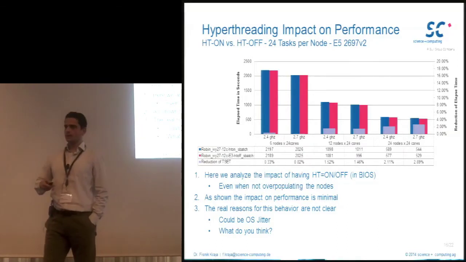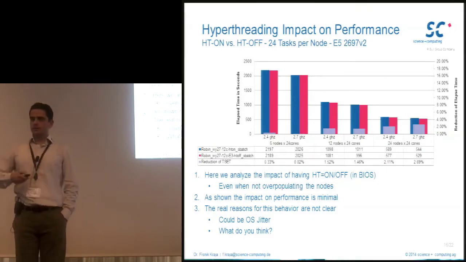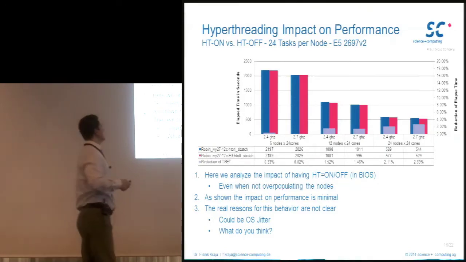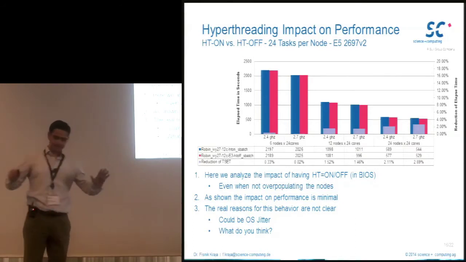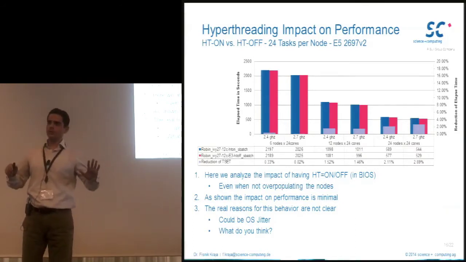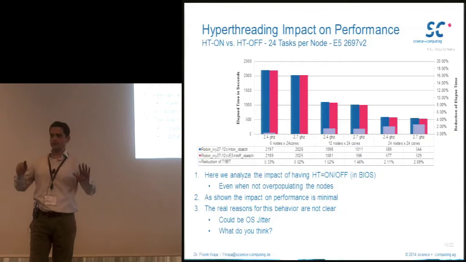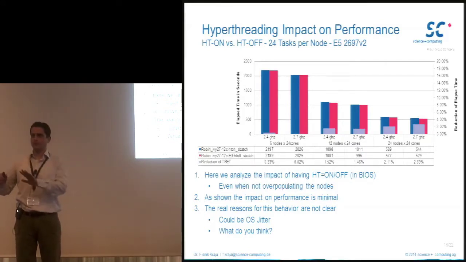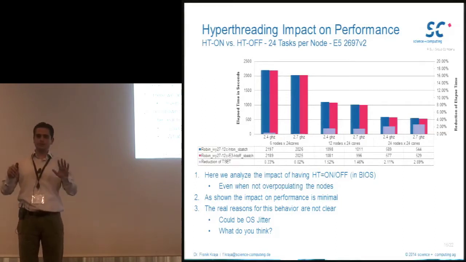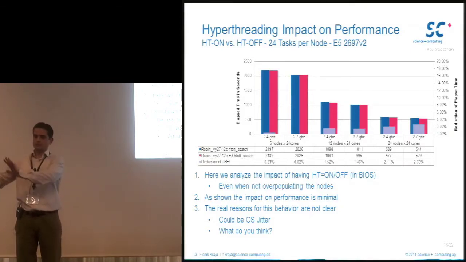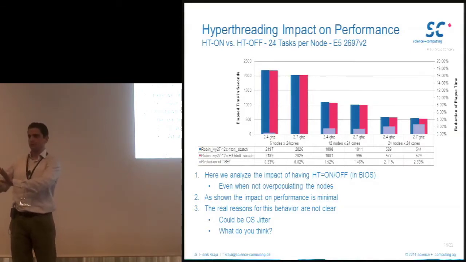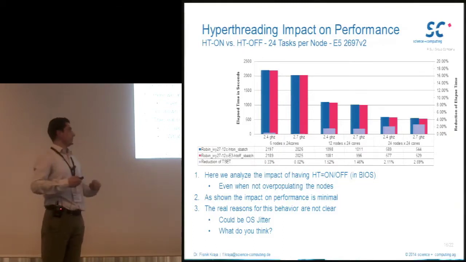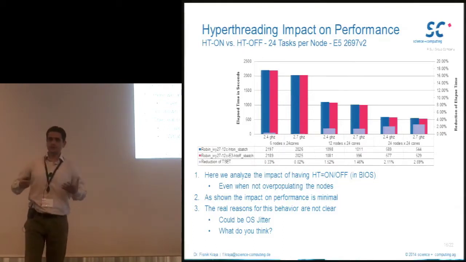Can you explain that whole process one more time? What exactly is the chart? Okay, so I have nodes with hyperthreading turned on in BIOS, and I have nodes with hyperthreading turned off in BIOS. This means that the operating system sees on the first nodes double the amount of cores, and on the second nodes the real amount of cores, the physical cores. And then I'm running jobs with the same number of tasks.